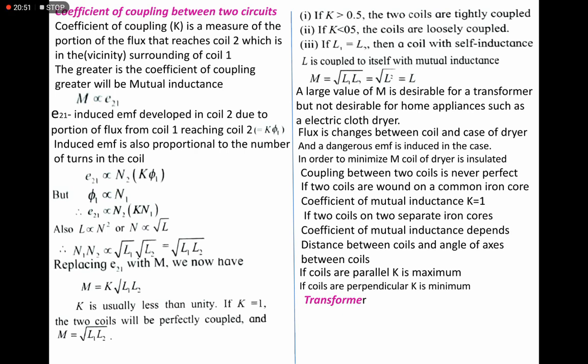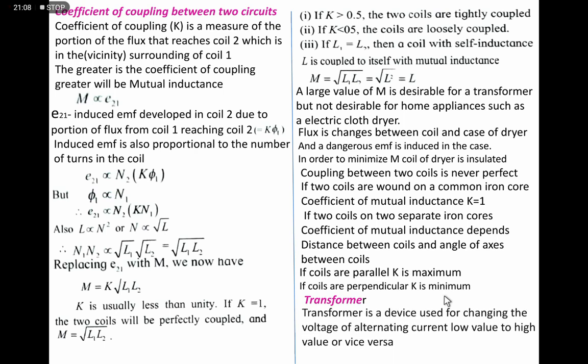Now the next important topic is the transformer. We are very familiar with transformers on the roadside in cities and rural areas. A transformer is used to lower or to increase the value of the voltage.